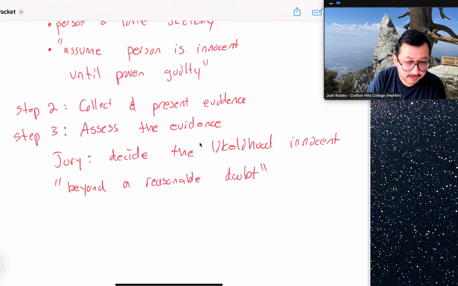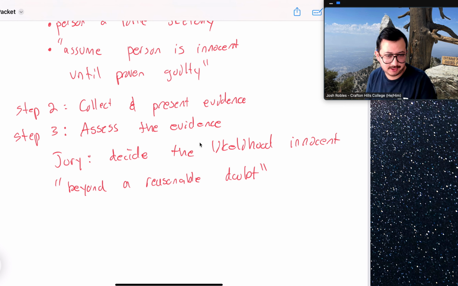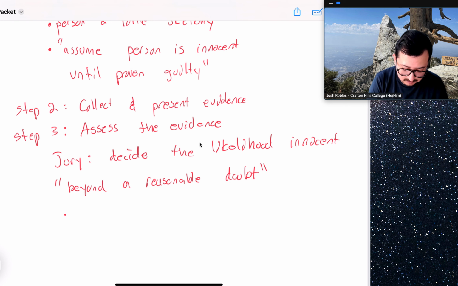So there's so much evidence left there that there's very little doubt that they did it, beyond a reasonable doubt. And once you've seen it, there's no way this innocent person could have so much evidence. I have to change my mind. That's one of the outcomes.